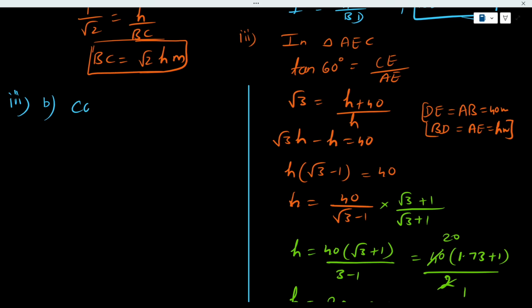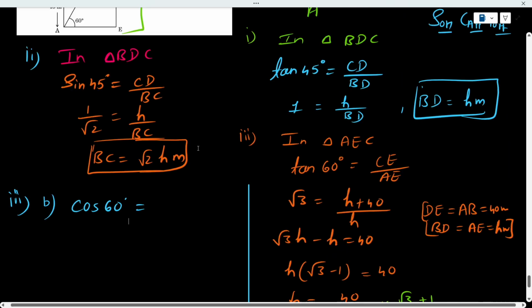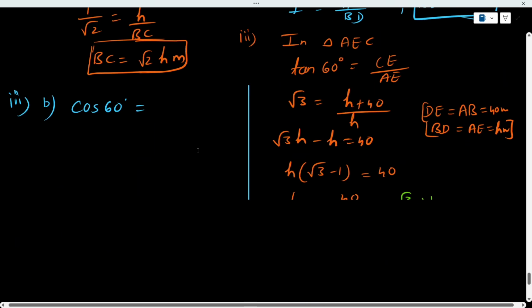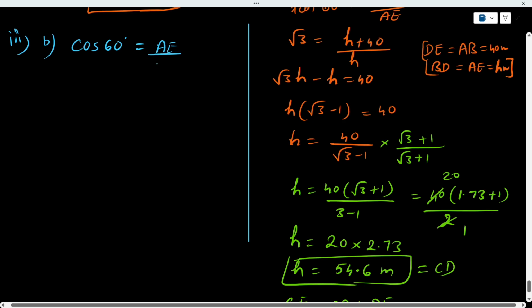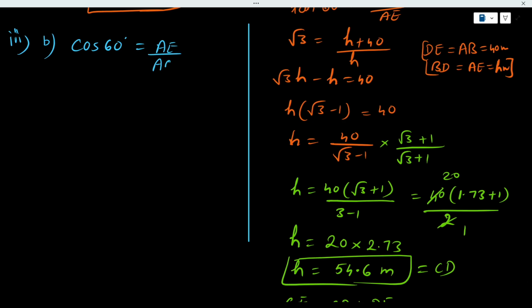This is actually the easier part. Here AC is given as 100 meter.